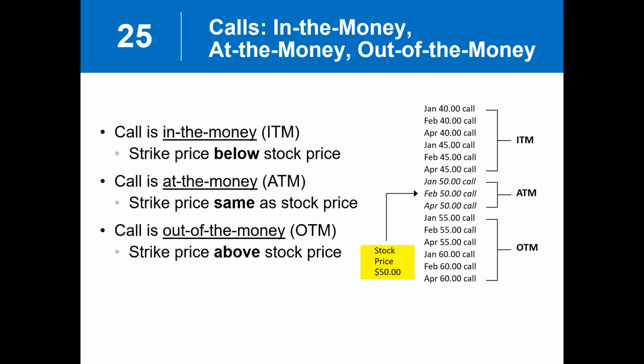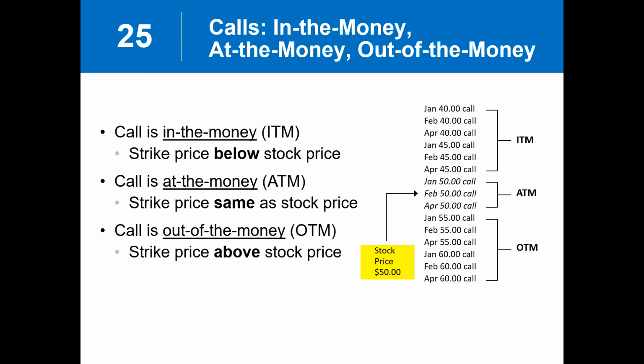Why would somebody even care about buying a 60 call with a stock at 50? Well, that 60 call would give somebody the right to buy stock at 60, and maybe that right wouldn't cost a whole heck of a lot of money. And maybe it's a bull market. Maybe there's crazy news on the stock, and somebody was lucky enough to have that $50 stock go to 70.